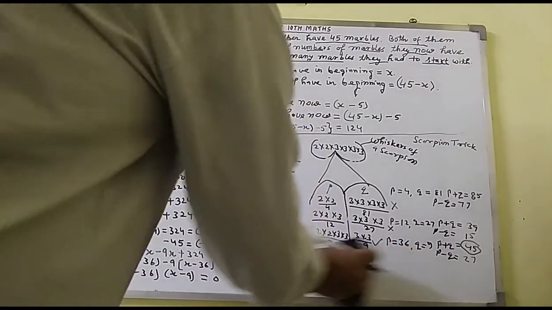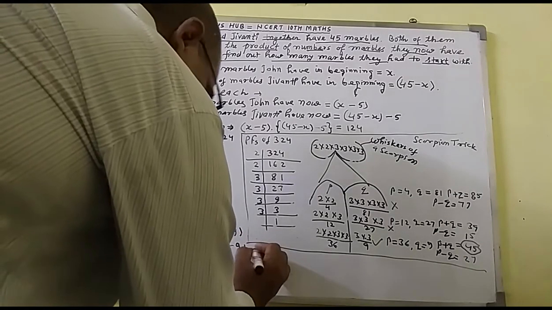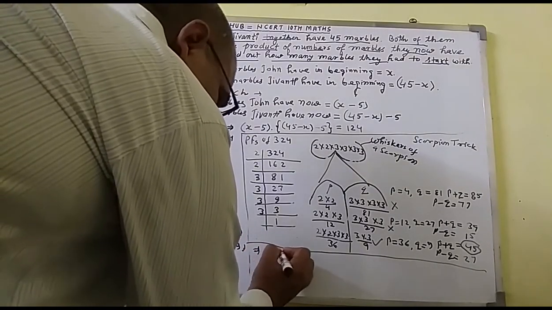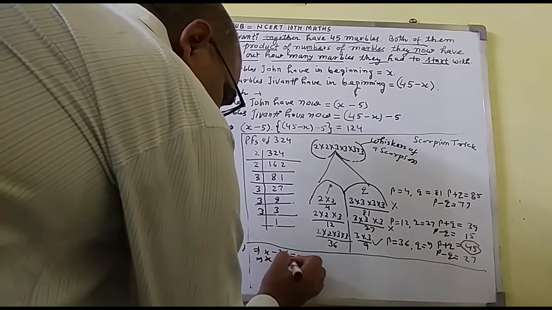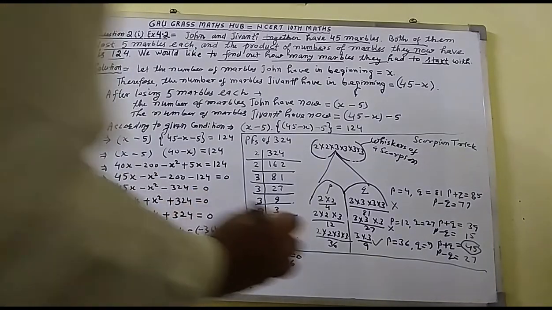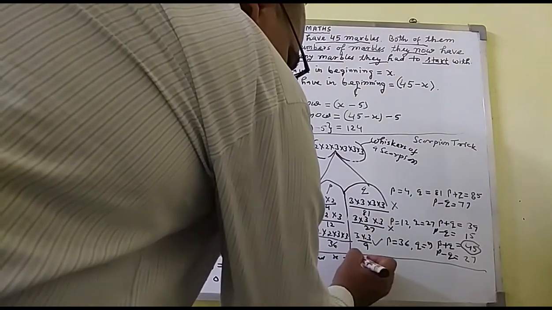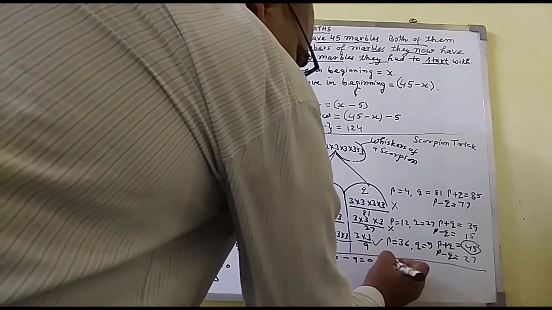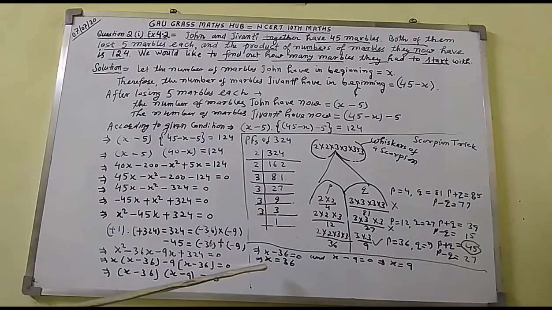Here x minus 36 equal to 0 implies x equal to 36, and x minus 9 equal to 0 gives x equal to 9. Now I have got two values of x, that is x equal to 36 and x equal to 9.